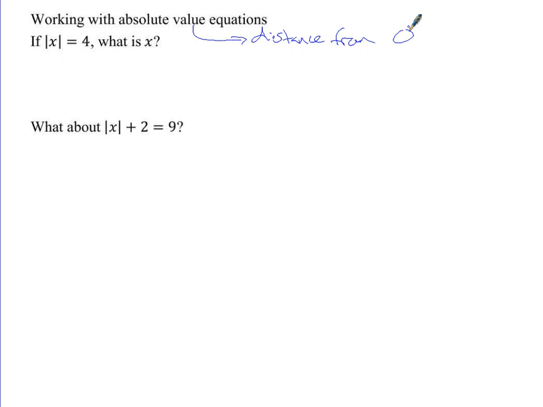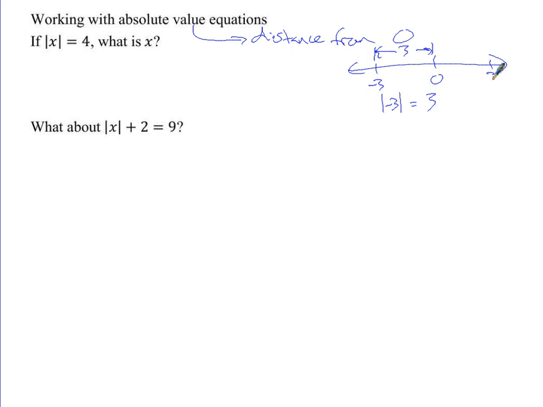So here's my number line, here's 0. If I want to know the absolute value of -3, I want to find out how far away from 0 -3 is. It's 3 units away. So that's why the absolute value of -3 is 3.